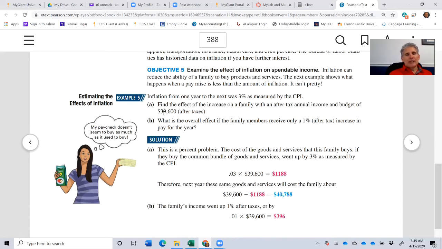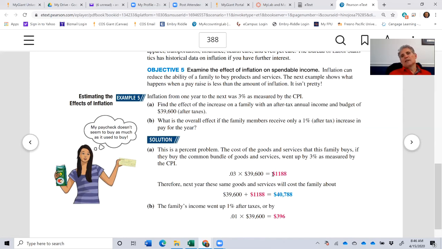First, we're going to take the $39,600 and multiply it by 3%. Since this is going to be more like simple interest, we're just looking at 1 year. 0.03 multiplied by 39,600, that's $1,188. That means what cost $39,600 before now costs $40,788 because of the inflation.